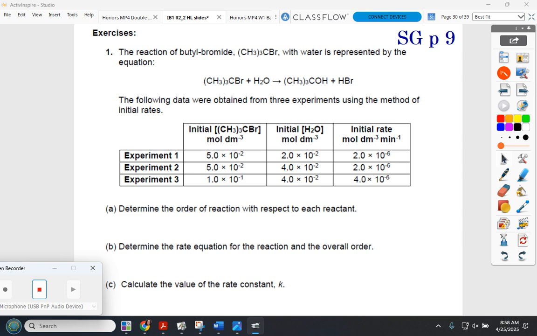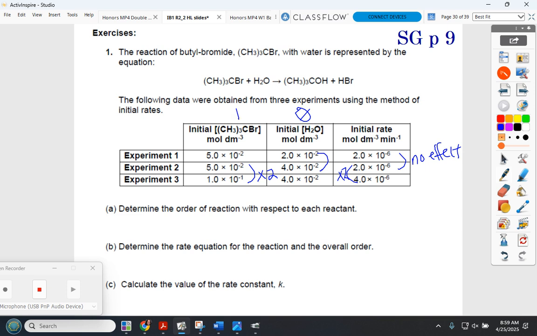Well, I saw that changing the concentration of H2O has no effect on the initial rate of change. So I made that the zero order. And then changing the concentration of the other one had a one-to-one effect. So when that was doubled, the rate of change was doubled. So I gave that first order.